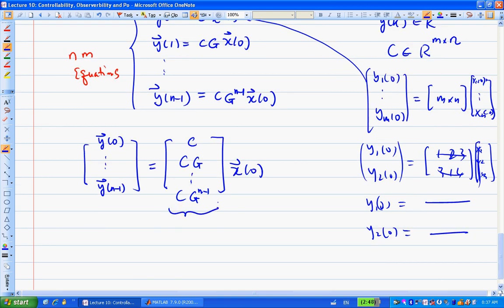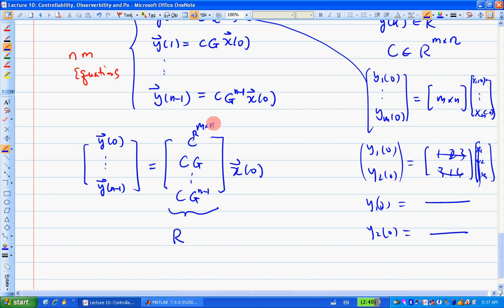So now what's the size of this matrix? C is m by n, G is n by n. So each one of these here is of size m by n, right? Then in total, what's the size here?